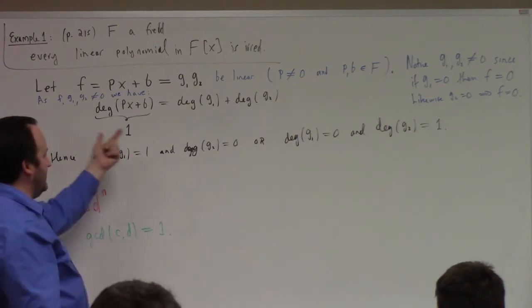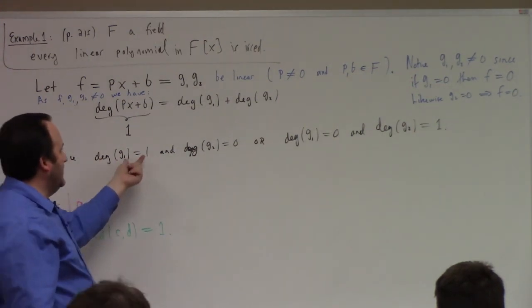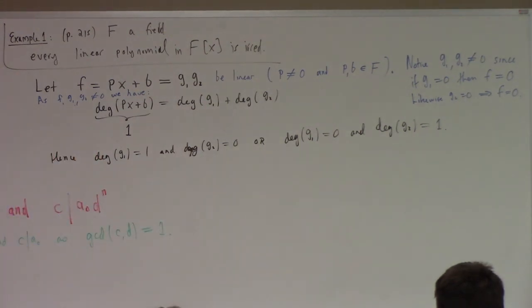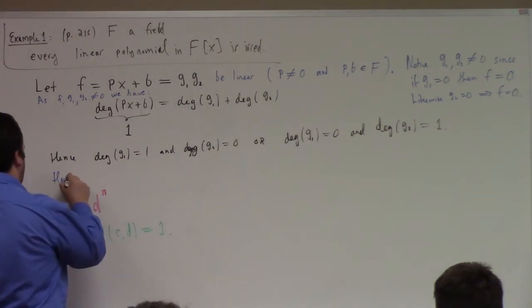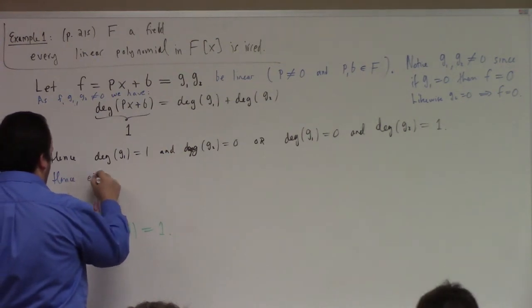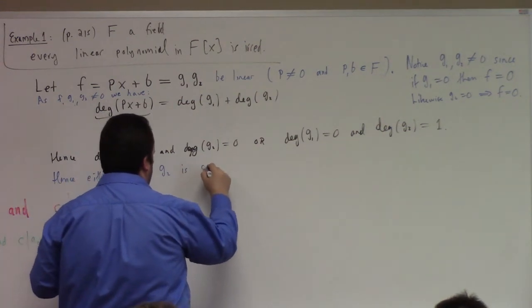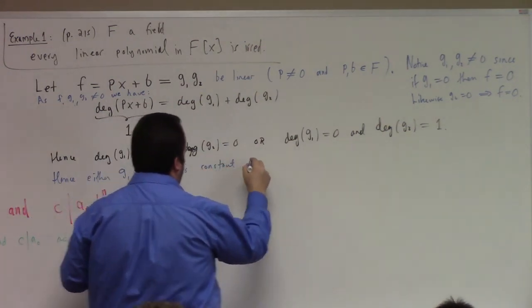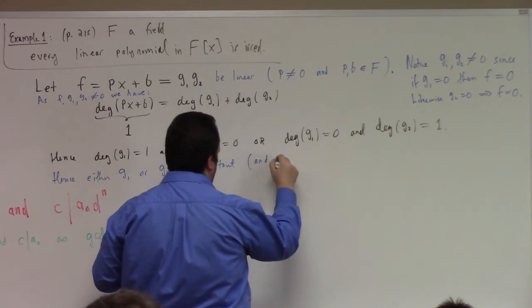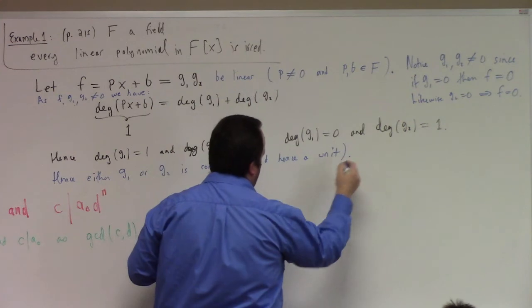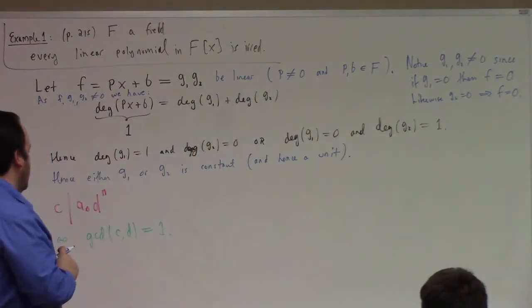Again, the degree function is a natural number or 0, and so it forces this, hence either g1 or g2 is constant, and hence a unit. Now I forget, and what does that mean?